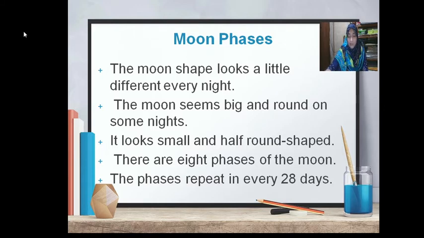Upper of the image, new moon, right side, waxing crescent, then first quarter, then waxing gibbous, then full moon, then waning gibbous, then last quarter, then waning crescent. Here are the 8 phases of the moon.